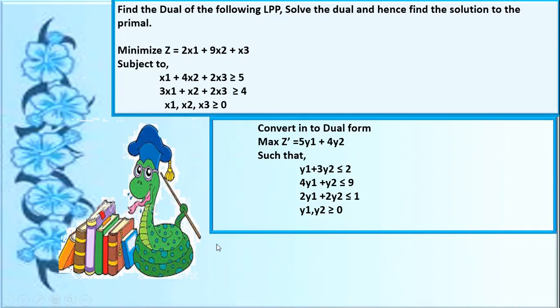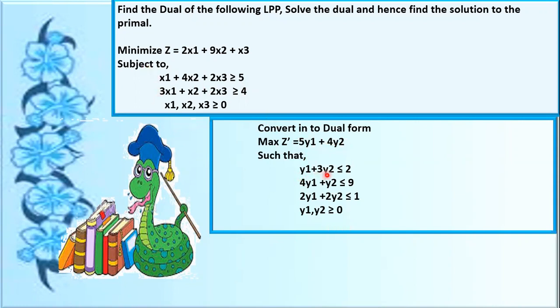I'll explain once again. If minimization is there, write maximization in the dual form. See how many constraints are there. That will be equal to the number of variables in the dual form. So 5 and 4 are the RHS values of the constraints here, and that will become 5y1 plus 4y2.